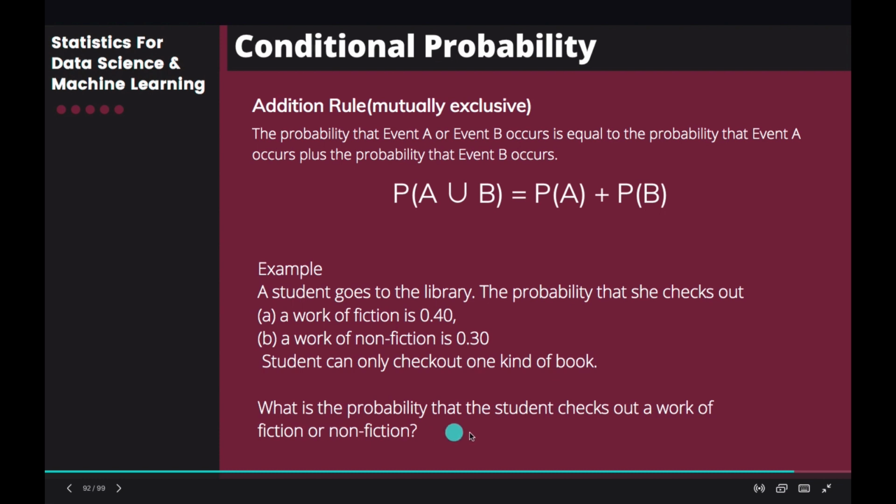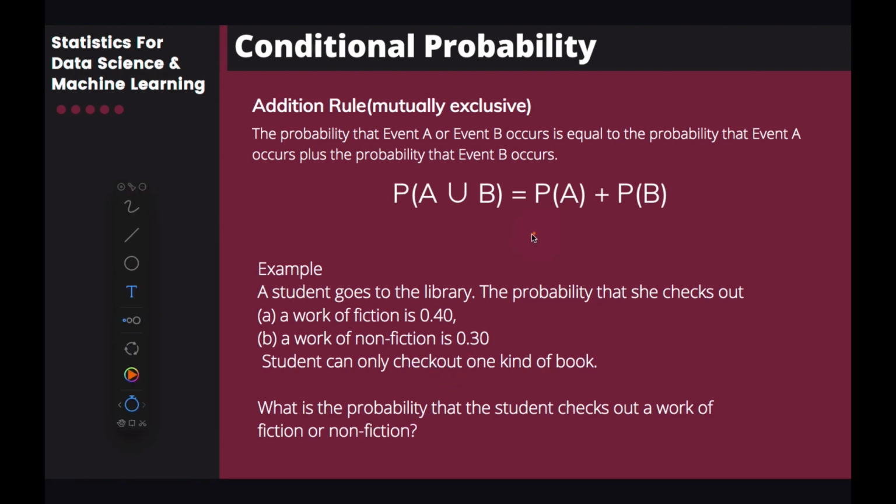Now, we want the probability that the student checks out a work of fiction or non-fiction. So in that case, we have the probability of the person picking a fiction book, or, so let me use the U sign over here, non-fiction.